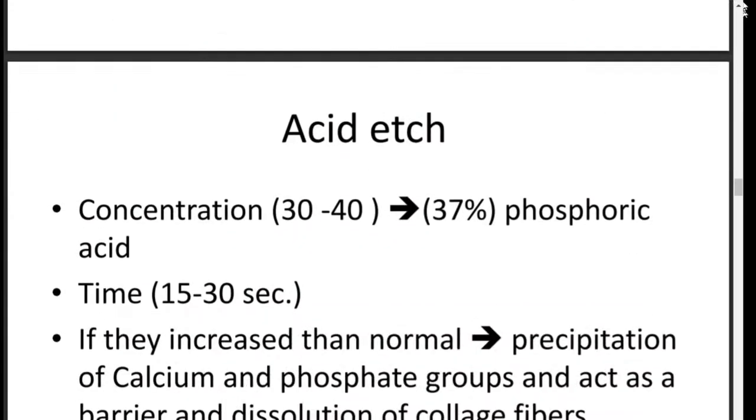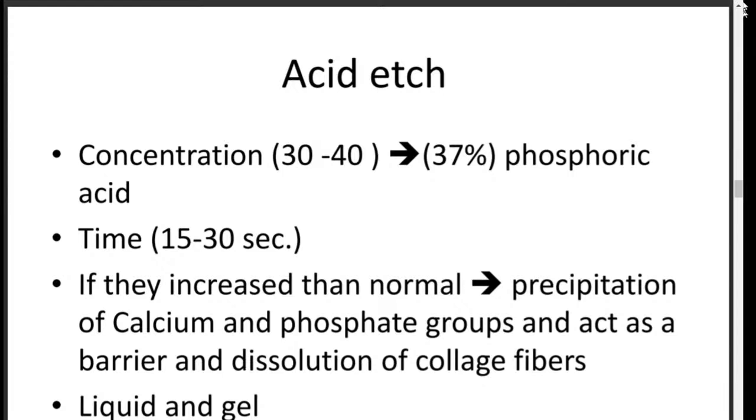Acid etch concentration is between 30 and 40%. 35% phosphoric acid, and the time is from 15 to 30 seconds.